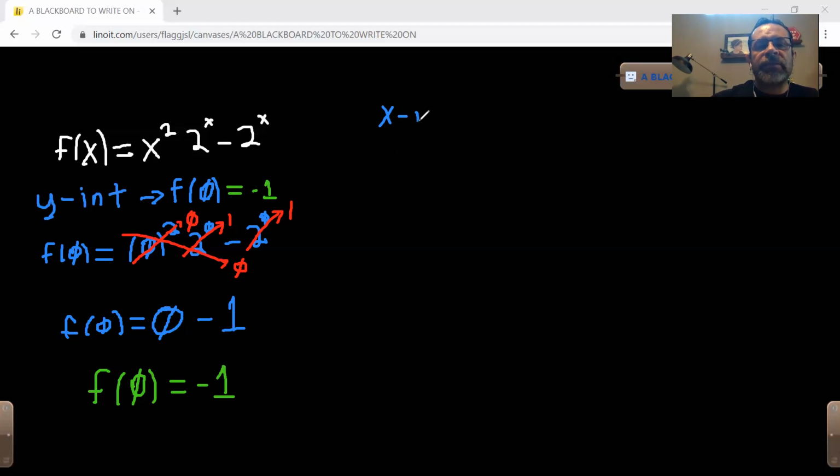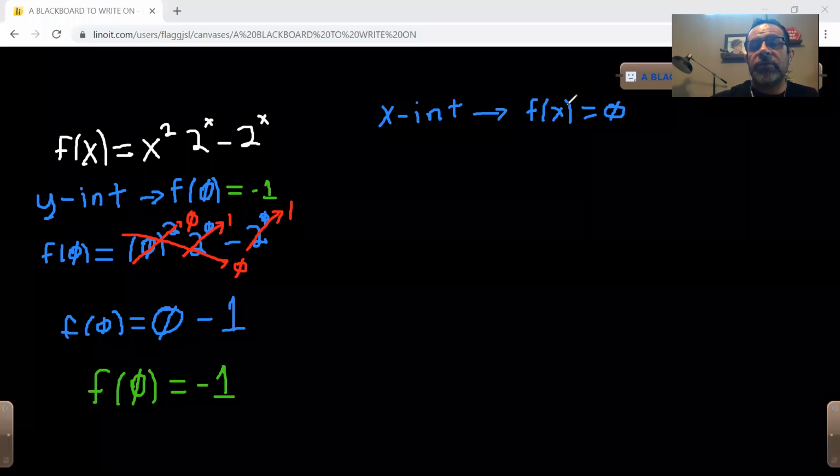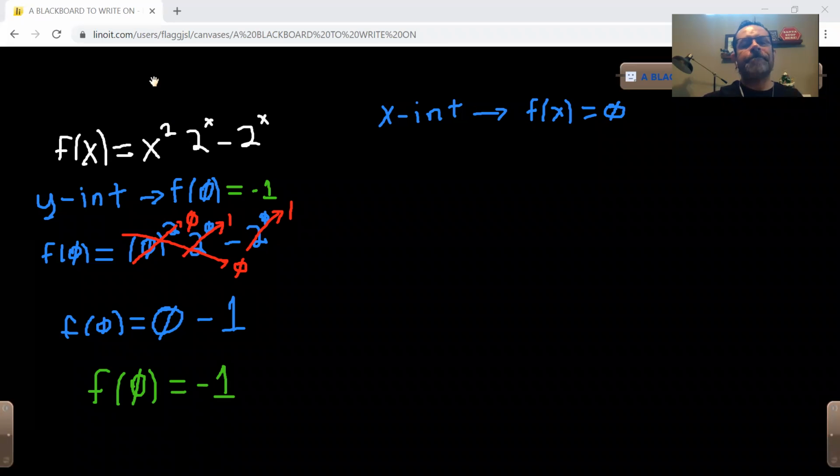The x-intercept is going to occur when f of x equals 0. So we're basically finding the values that make the whole function 0 for the x-intercept. And so let's see what we can do there. Okay.